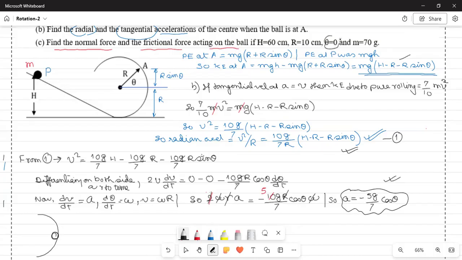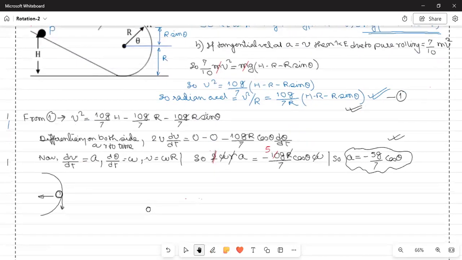When the body is at this point, what is the normal force and frictional force. These two forces they want us to find. We can find it this way.